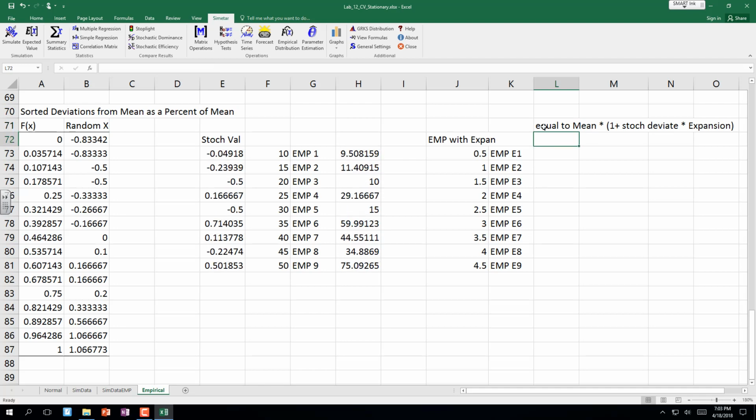Okay? And if you generate that stochastic value first, okay, this one, then it's so much more likely that you'll do it right. So it's equal to that mean, wherever, there, times left parenthesis 1 plus the deviate times our expansion factor.